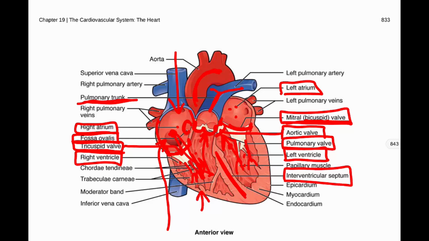So when that happens, these muscles that I outlined down here are going to also pull, and they're going to pull on the chordae tendineae to make sure that these flaps here stay closed, so that the pressure doesn't go back up into our right atrium, and instead will go into our pulmonary trunk. And we'll see the same thing on the left side.